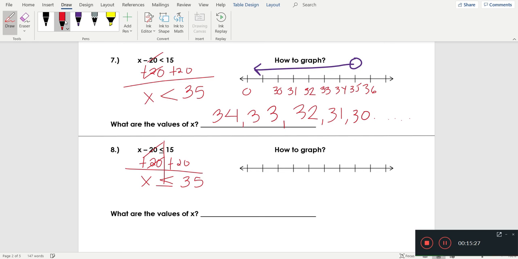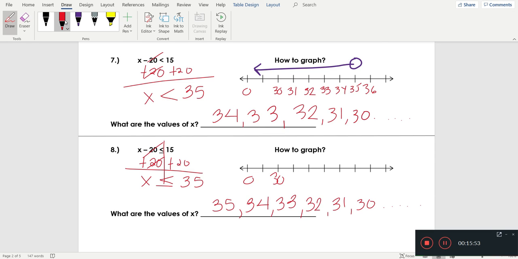So what are the values of x? The values of x are 35, 34, 33, 32, 31, and 30. So from here, I will have to include the 35. So is that open or closed? Correct. It is a closed circle.